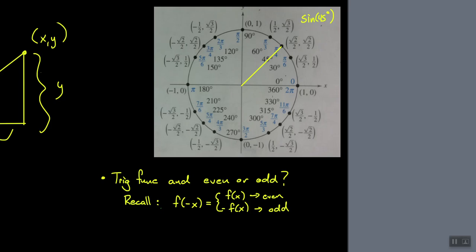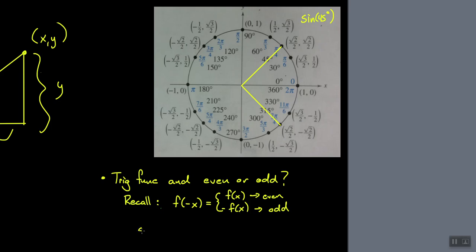Now, I'm going to try to do the exact opposite. I'm going to make that argument negative this time. The sine of negative 45 degrees. I can't see my cursor when it's up there. Here's negative 45 degrees. What is it? It's negative root 2 over 2 this time, right? Did that show me that if I replaced it with a negative, did it give me the same value or did it the exact opposite?